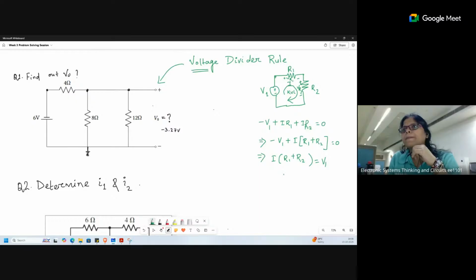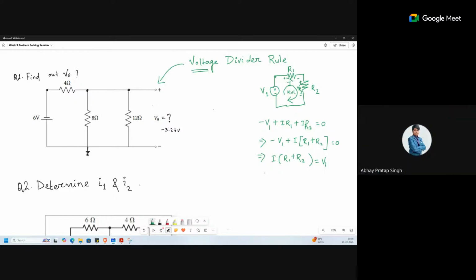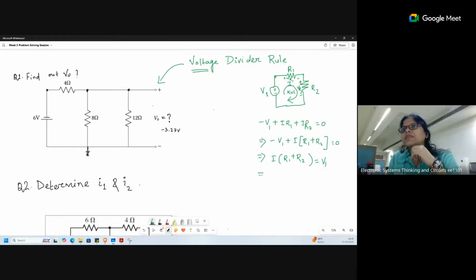Can I write this? Yes. Okay. So I can also write I is equal to V1 by R1 plus R2. So I got the current across this, right?